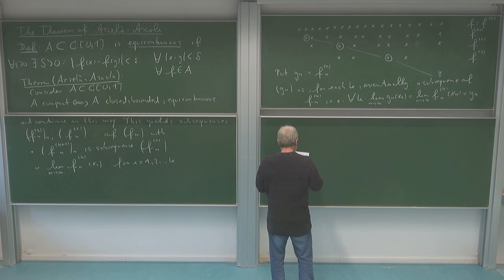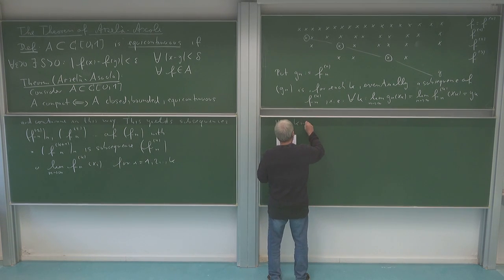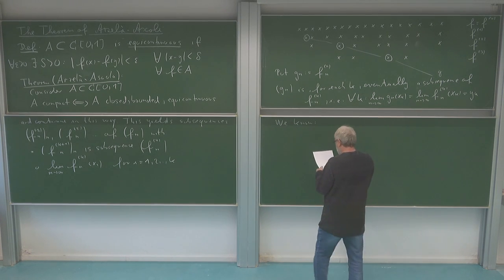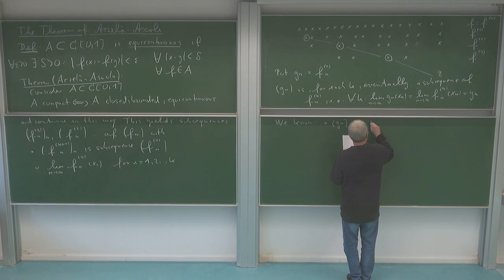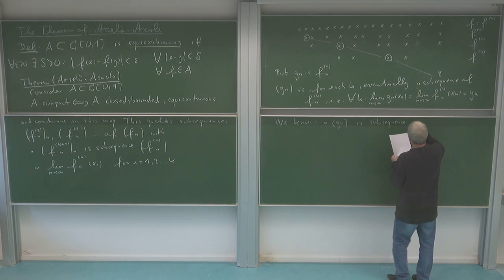Good, okay, so this Gn is our candidate, and so maybe let me write down what we know and what we still have to show. So first we know that, of course, the Gn is a subsequence of the original sequence Fn.